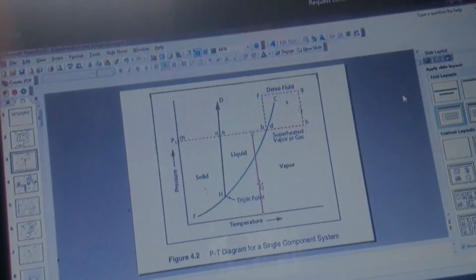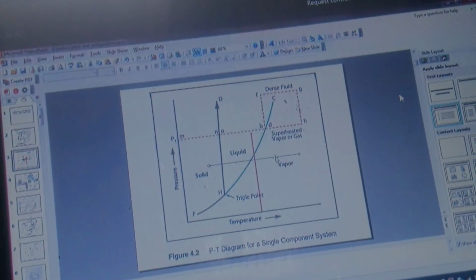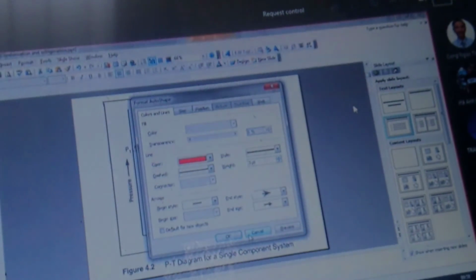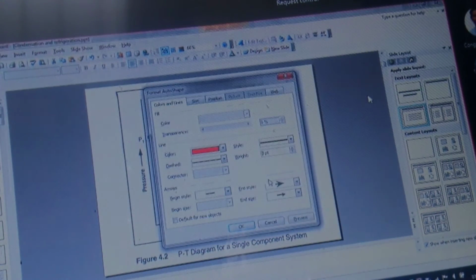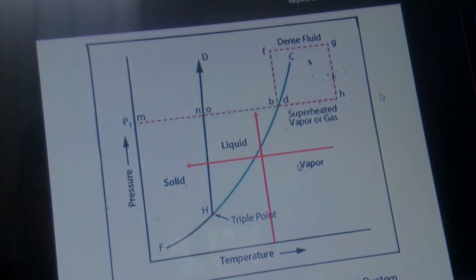Or we can decrease temperature. When we decrease temperature, vapor becomes liquid, or when we increase pressure, vapor becomes liquid. So this is for a single component.